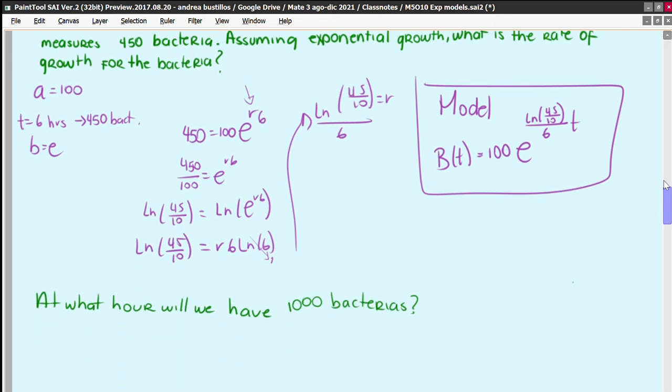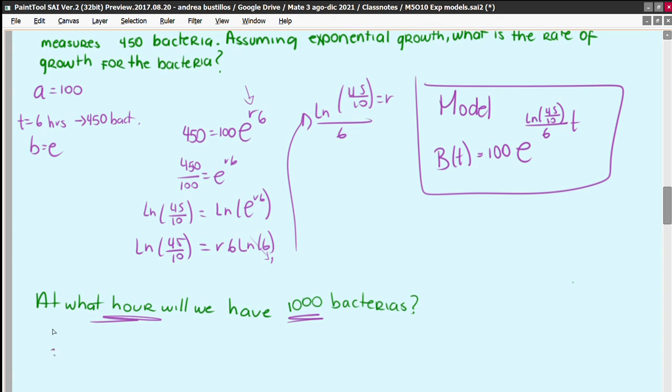Now, I'm being asked at what hours will we have 1,000 bacteria. So again, let's read. I'm being asked hours. When I have 1,000 bacteria, meaning I'm being asked time. So if I'm being asked time, I have to know the other unknown, that is a certain amount of bacteria. And in this case is 1,000.